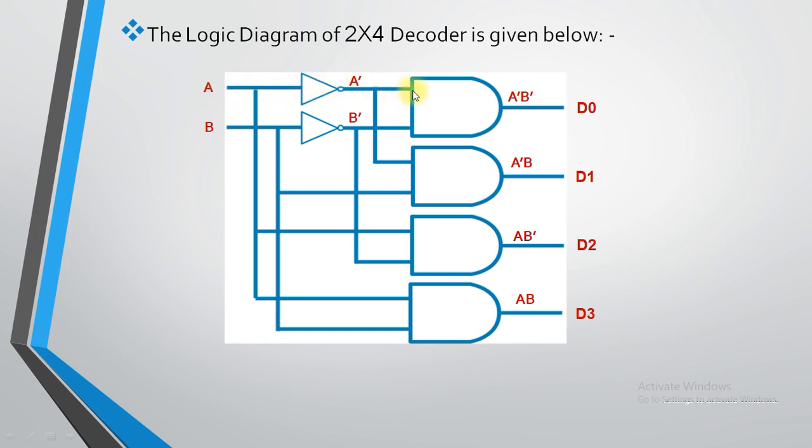For the first case in the AND gate, I have passed A dash and B dash. I have used inverter over here. So the value of A is complemented and goes inside first AND gate, and value of B is complemented and goes inside first AND gate. So over here you will get A dash B dash, which is the output line D0.